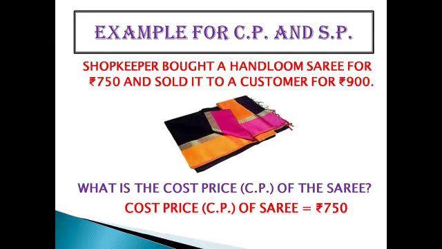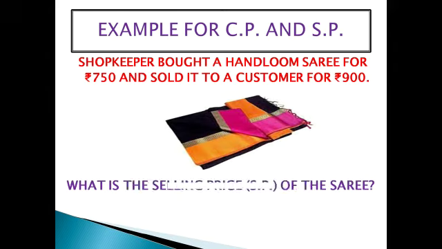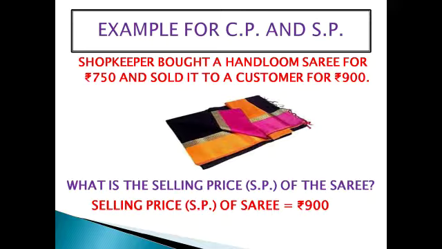Yes, cost price of the sari is 750 rupees. What is the selling price of the sari? The selling price of the sari is 900 rupees. So you are clear about cost price and selling price.